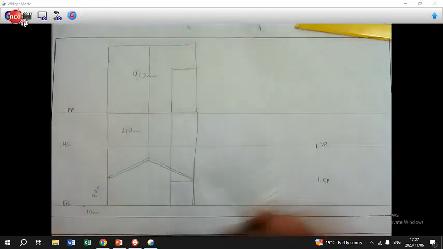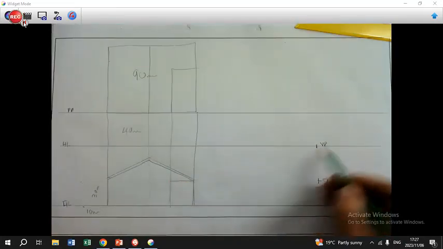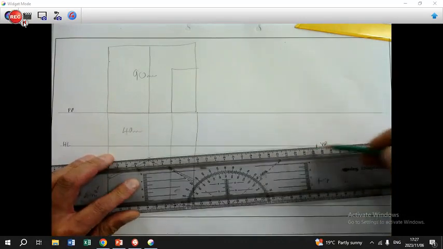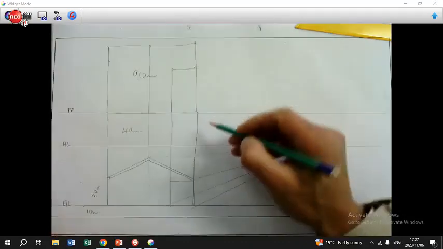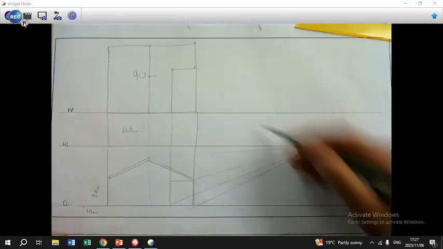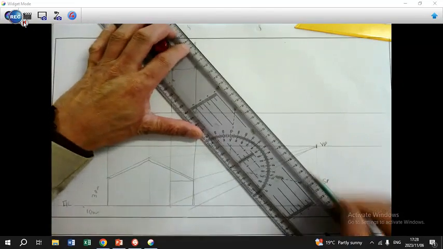All other points from here will then be projected to your vanishing point. So all these points are going to go to your vanishing point like that, and you're going to project all these points, not touching your picture plane, in line with your stationary point like that.